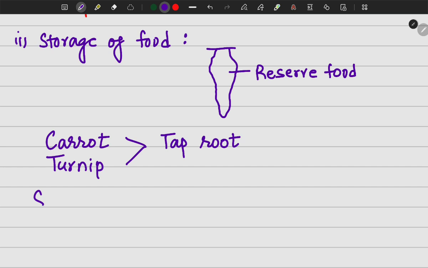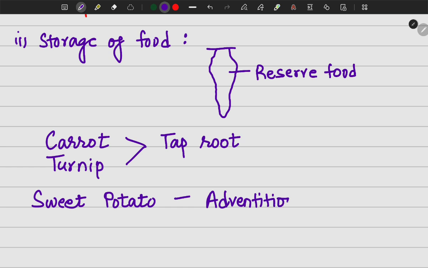And there's also sweet potato, which is the example of a swollen adventitious root. So the carrots and turnips are actually swollen roots, and so is the sweet potato.